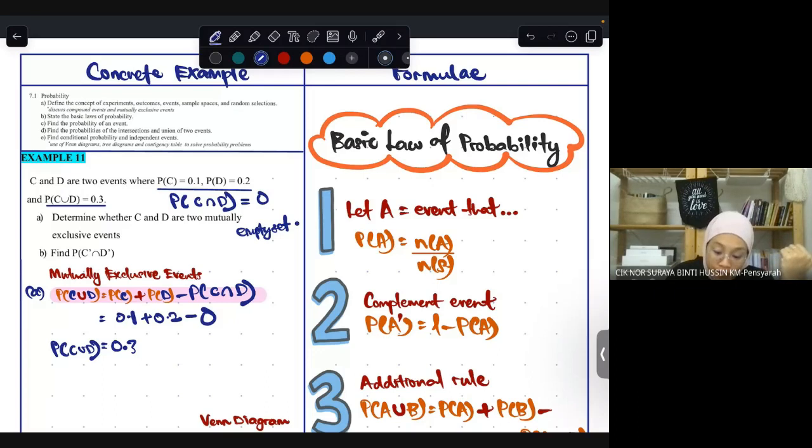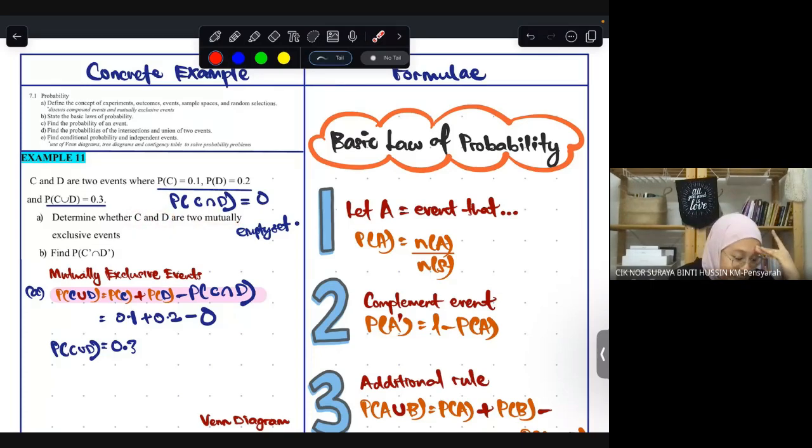And from there, you can clearly see that given to you is the probability of C union D equal to 0.3 as well. So basically, this question is just asking you to show whether event C and event D are mutually exclusive or not.